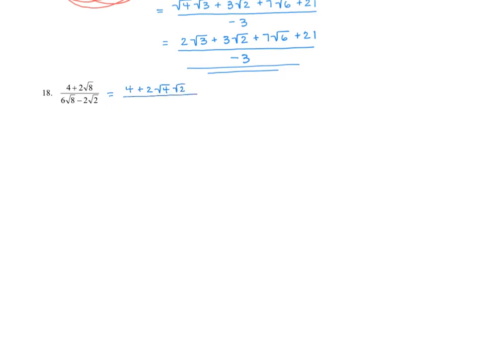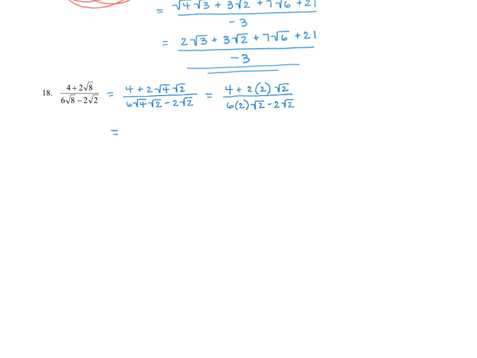In the denominator, I'll have 6 times rad 4 times rad 2 minus 2 times rad 2. So the numerator will simplify to 4 plus 2 times 2 rad 2, and the denominator will simplify to 6 times 2 rad 2 minus 2 rad 2.